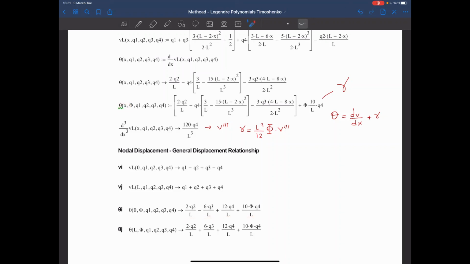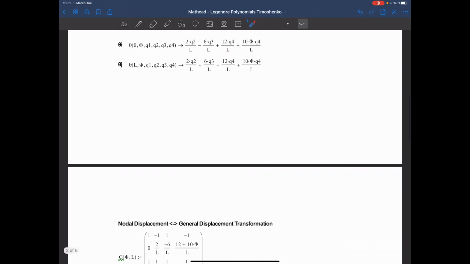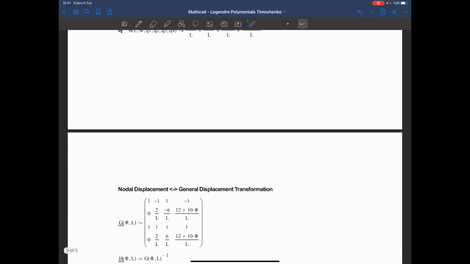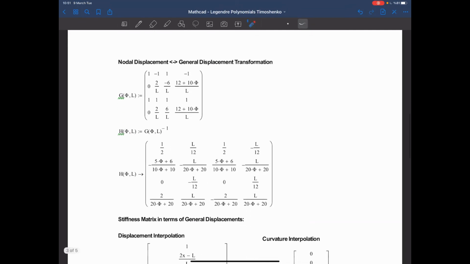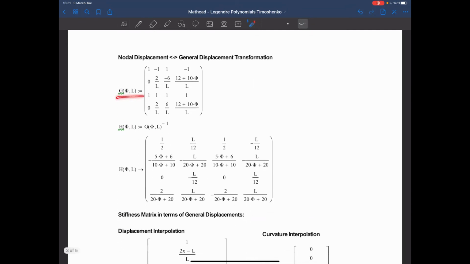Then I put x is equal to L, and I obtain the following equation. So if I represent it in matrix form, that will be our G matrix. But in the transformation, we use the inverse of it. So when I take the inverse of that G matrix, I obtain the following transformation matrix.